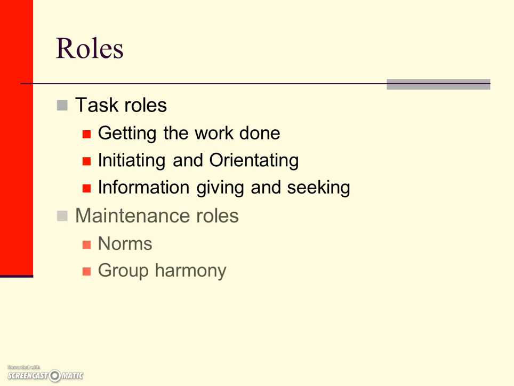The second type of roles that some people fulfill in groups or teams would be called maintenance roles. These are relational. People who take on maintenance roles care more about the people than the task. Now, that's not necessarily a bad thing because it's about group harmony. Group or team members will focus on norms so that the team can function harmoniously.